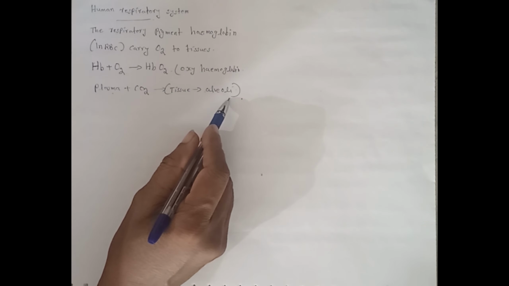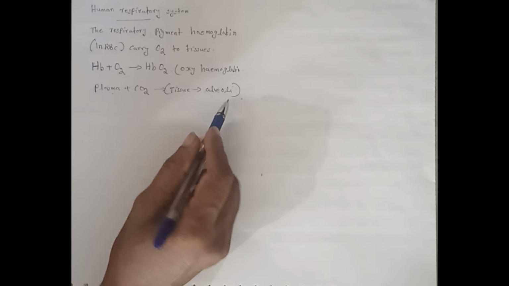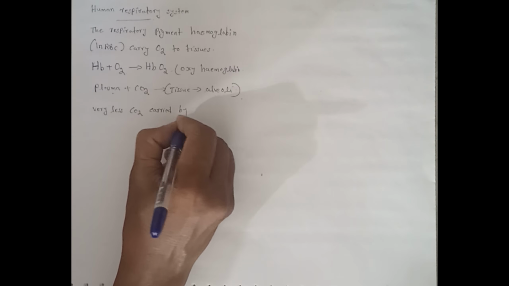Carbon dioxide is more soluble in water, so it is mostly dissolved in blood plasma and carried from tissues to alveoli. Very little carbon dioxide is carried by hemoglobin.